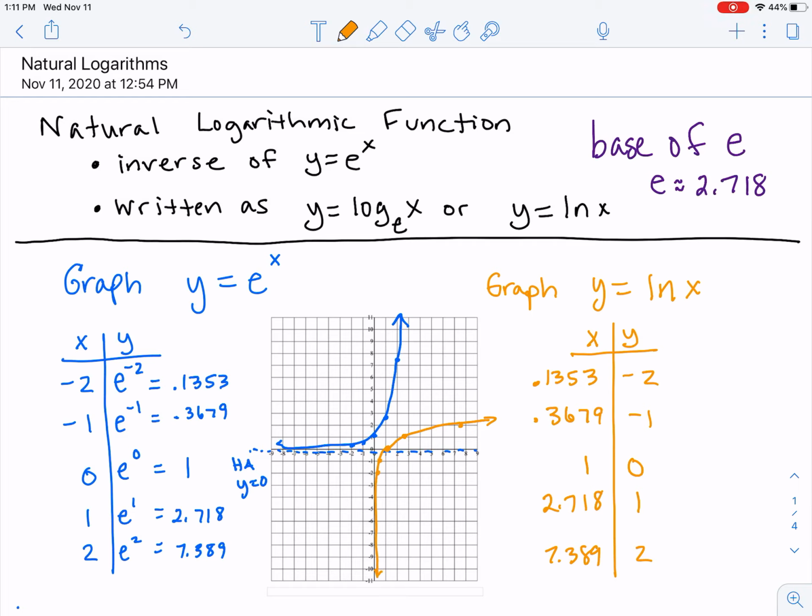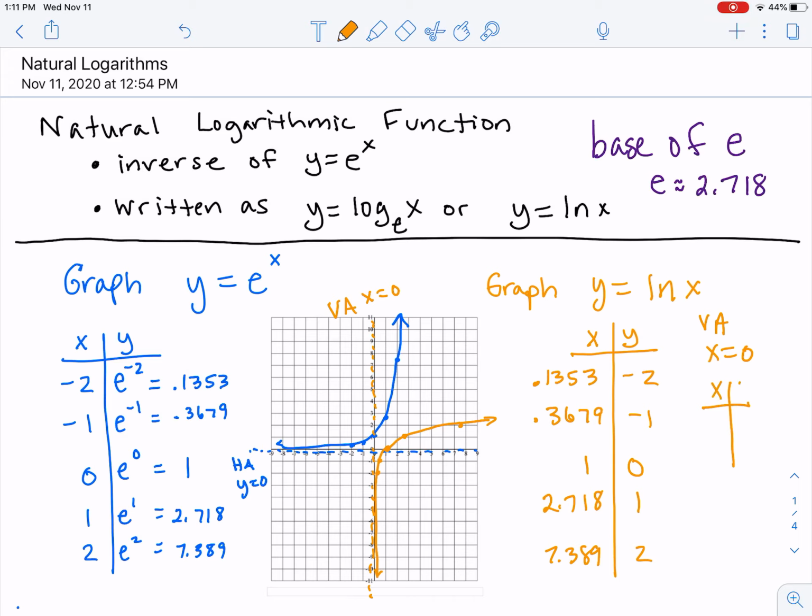With this, it's going to have a vertical asymptote at x equals 0. So our natural log of x has a vertical asymptote at x equals 0.